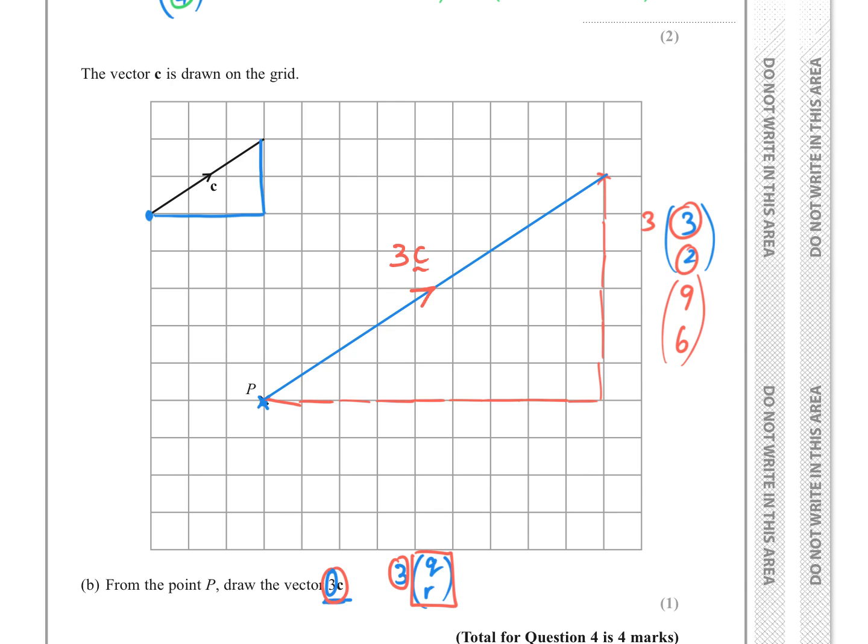The reason they're not underlined here is because they're in bold. Okay, so if you can't write in bold, well, you can, but it doesn't look that good. It's not so noticeable. So really, you should underline your vectors when you draw them. Okay, so not too bad a question there.